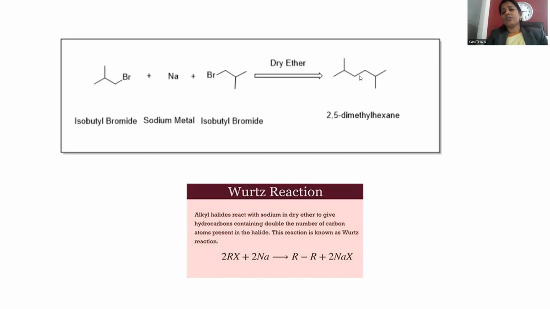In order to form the new bond over here, this is the one with 4 carbons, this is the one with 4 carbons. 4 carbons containing halide can be taken, and this side also 4 carbons containing alkyl halide. 2 moles of alkyl halide upon reaction with sodium metal, you can remove 2 moles of sodium bromide. So here we have to put coefficient 2. So NaBr can be removed. That gives rise to 2,5 dimethylhexane.